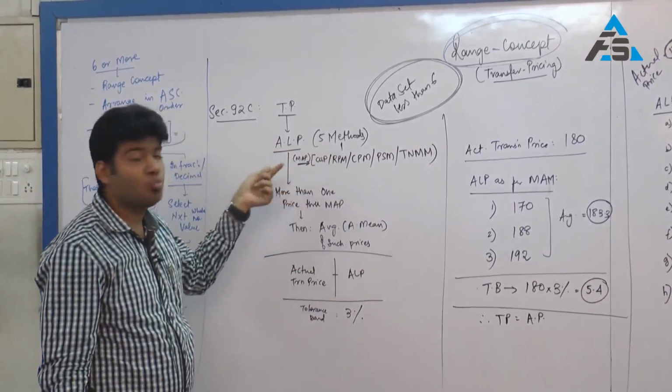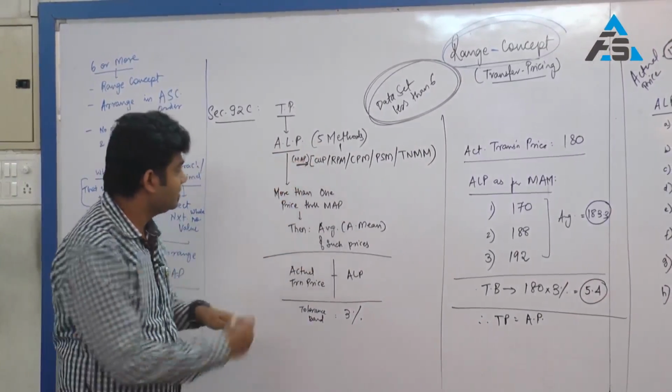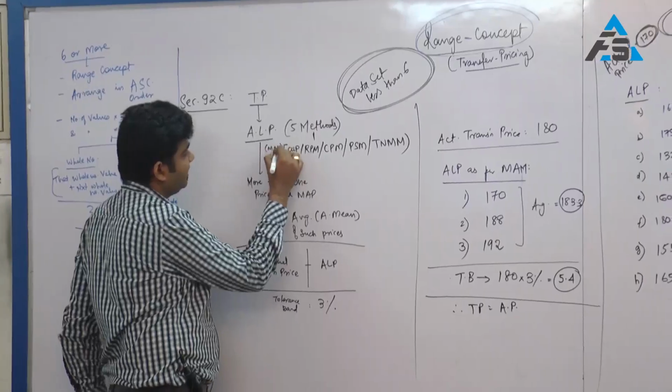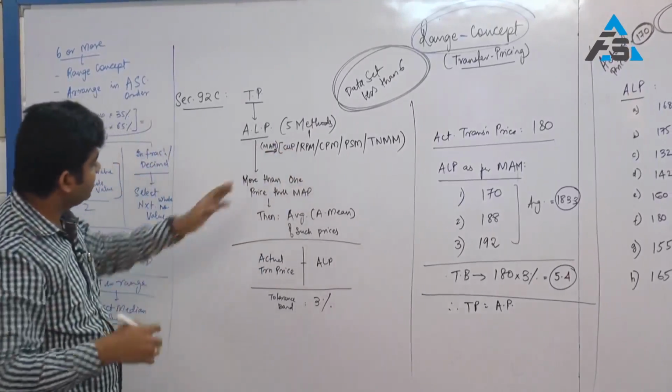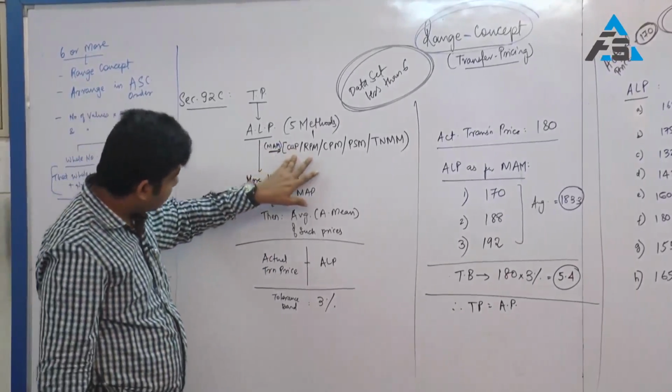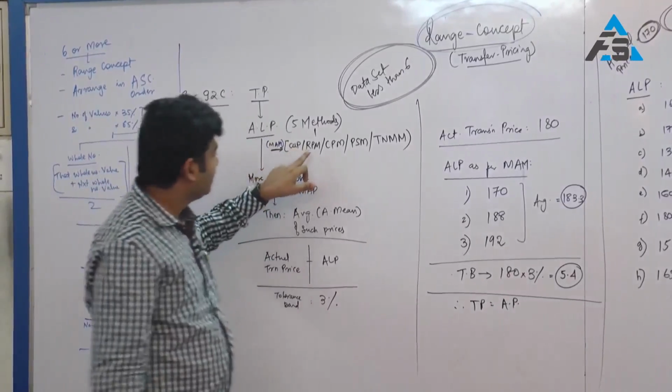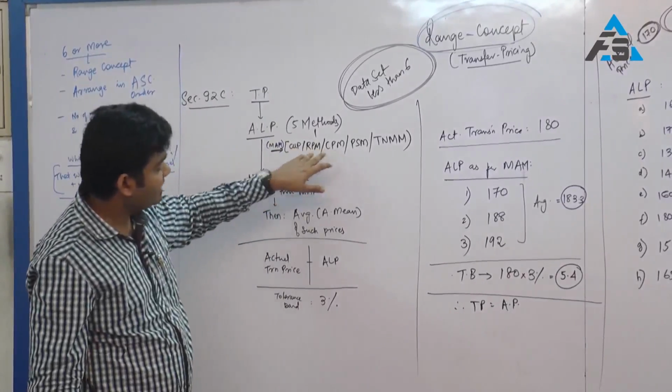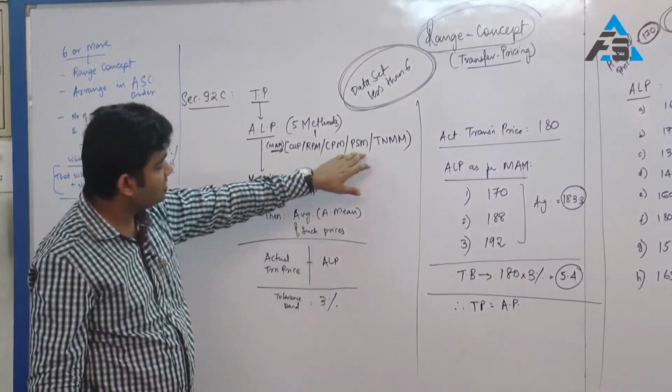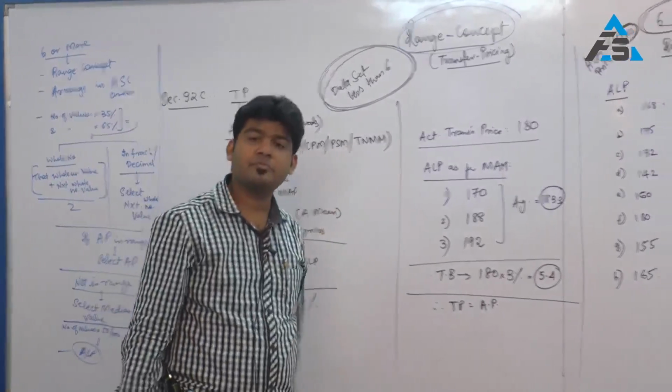Whichever is the most appropriate method, MAM, will be considered. You have CUP, comparable uncontrolled price, resale price method, cost plus method, profit split method, transactional net margin method.